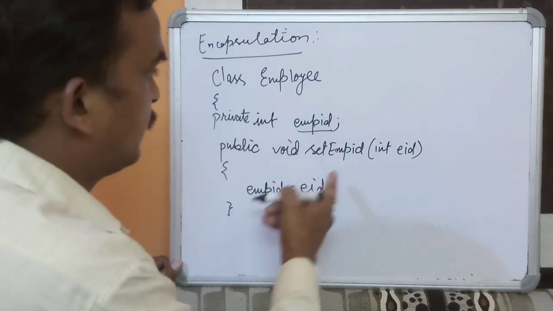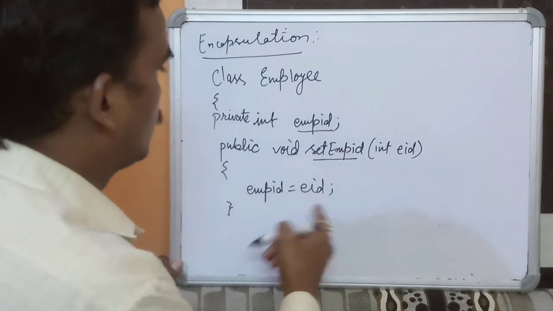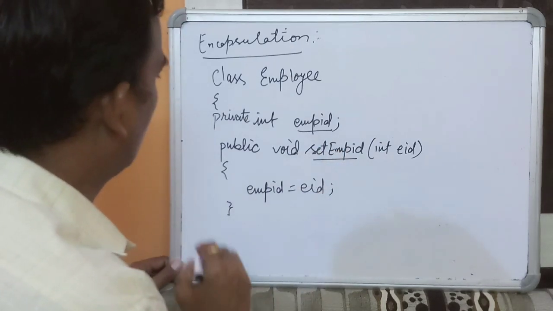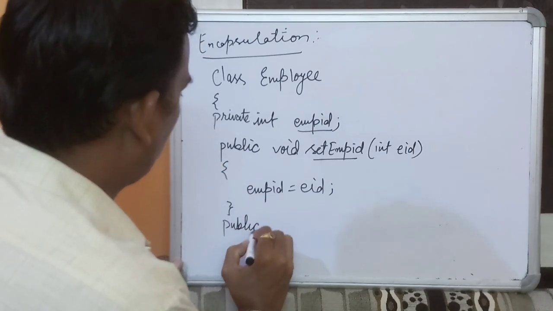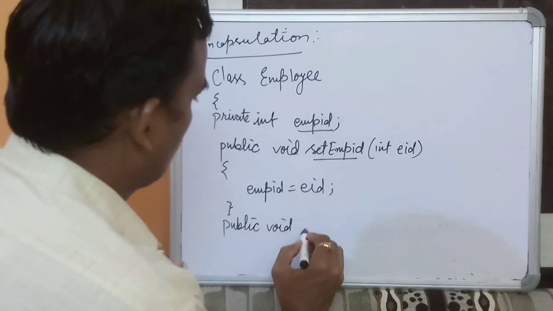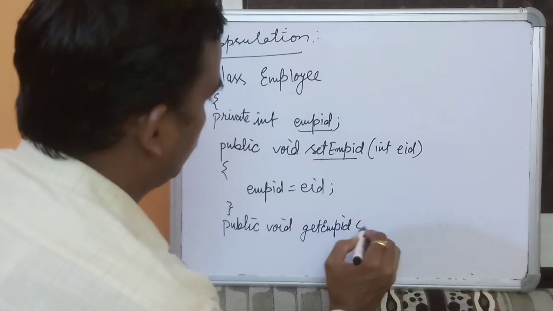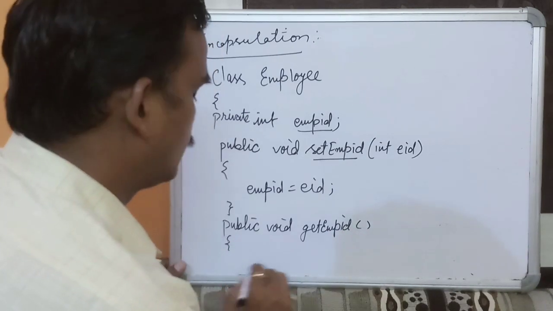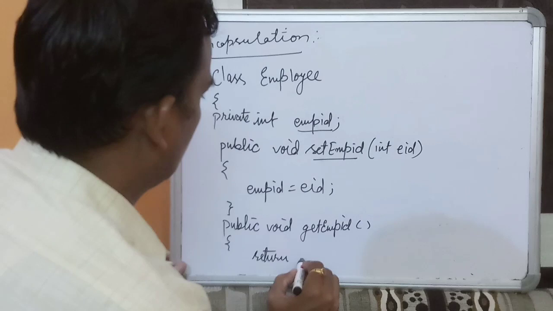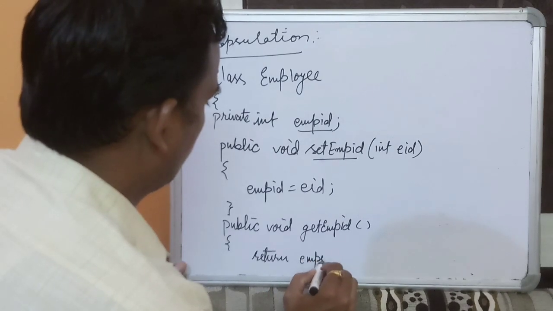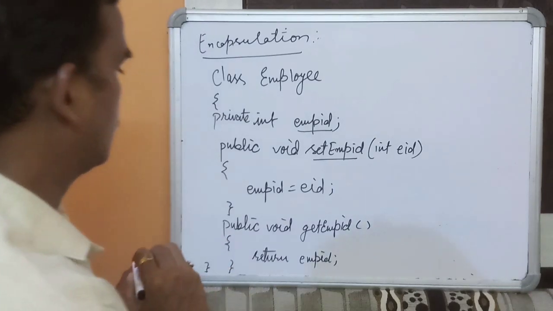Here we have written the setter method to modify the value. Now we use a getter method: public int get employee id, in which we use return employee id, and we close this, and the class is closed.